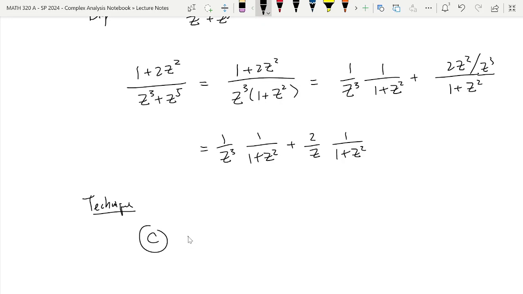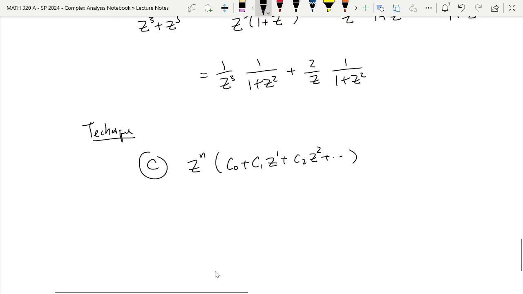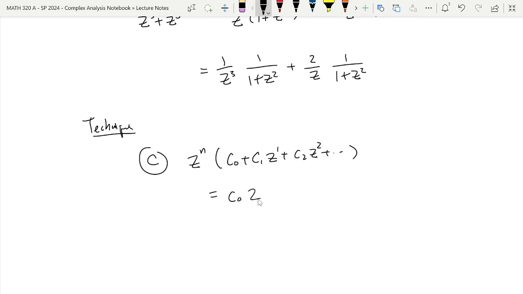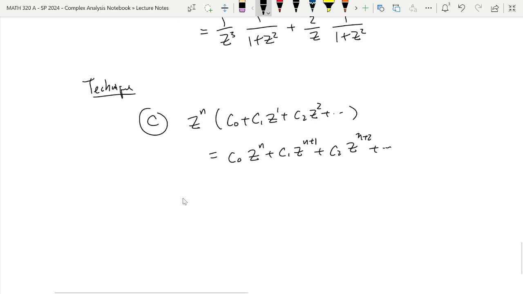If you have z to power n times c0 plus c1 z plus c2 z squared and so on, the shifting allows you to go to c0 z power n plus c1 z power n plus 1. So don't look down upon this. We're still talking about infinity.